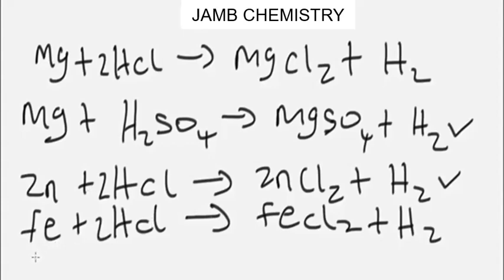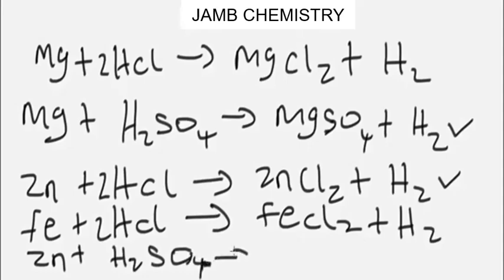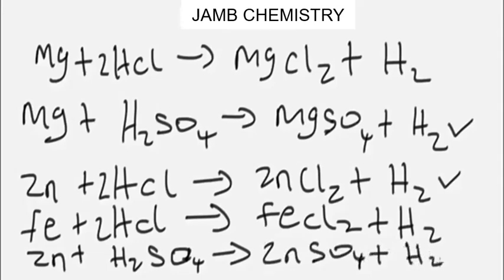Now, what happens when zinc reacts with sulfuric acid? Okay, so we have zinc plus tetraoxosulfate 6 acid, H2SO4. This reaction will give us zinc sulfate plus hydrogen gas.